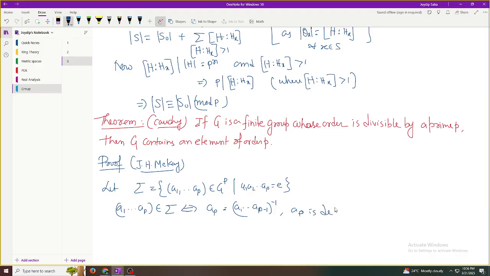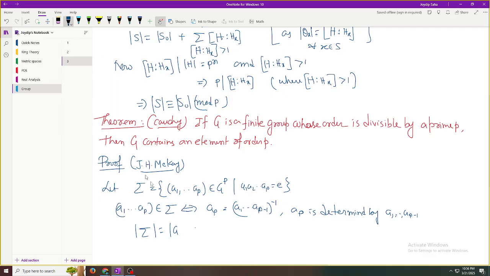So the cardinal number of sigma is the cardinal number of G to the power p minus 1, because the last one is dependent.